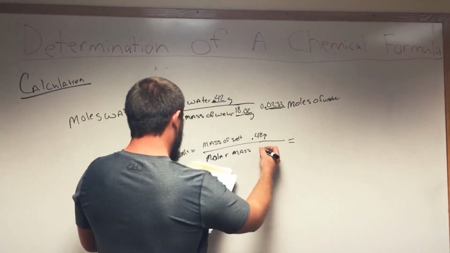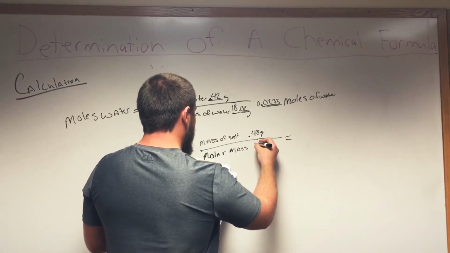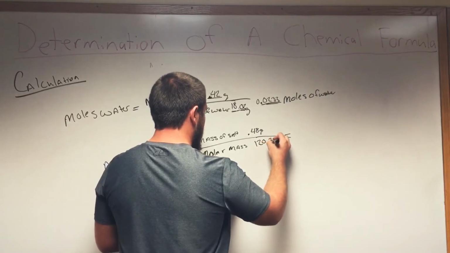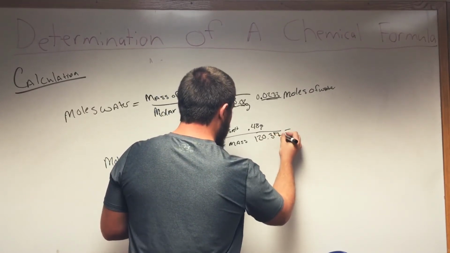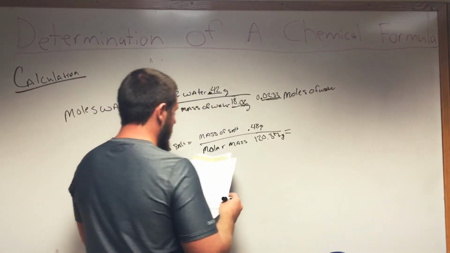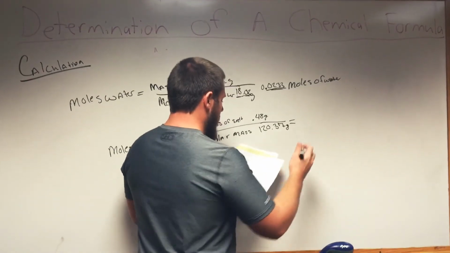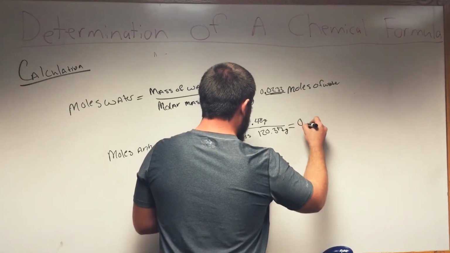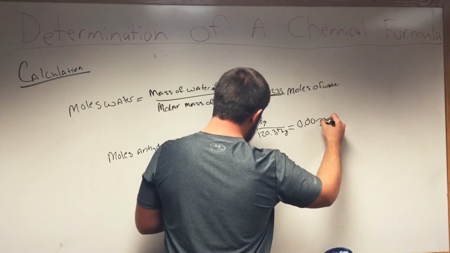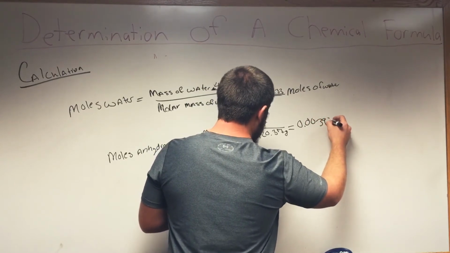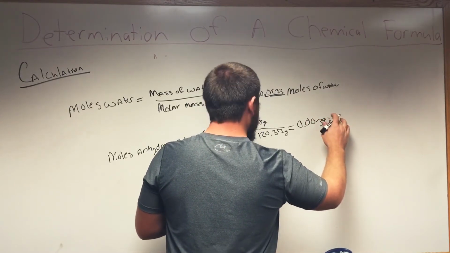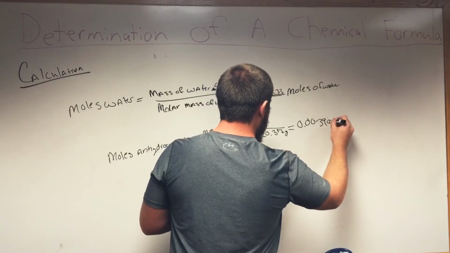And then the molar mass of magnesium sulfate is 120.37 grams. And that gives us a number of 0.0039 moles of salt.